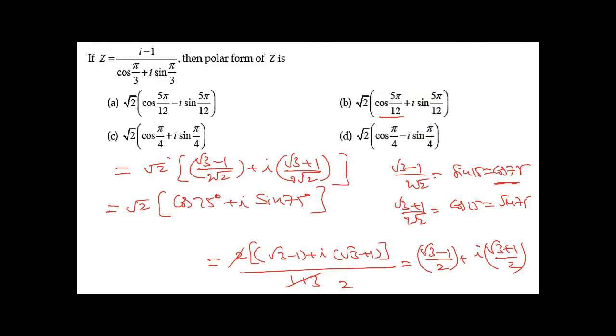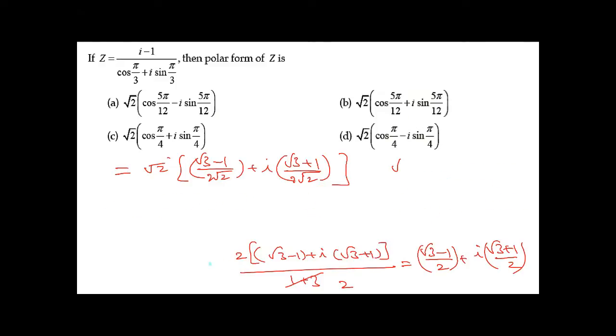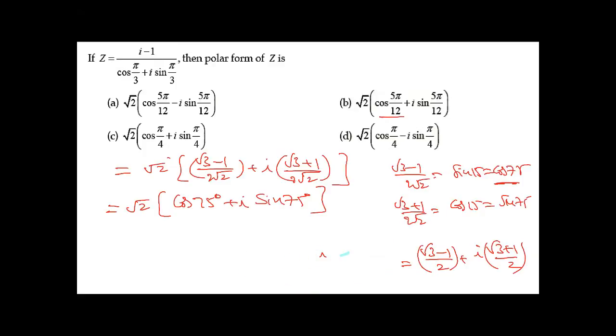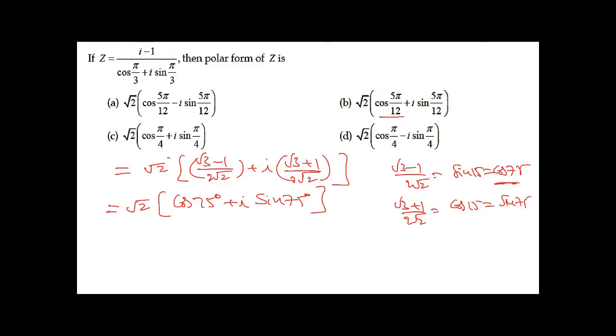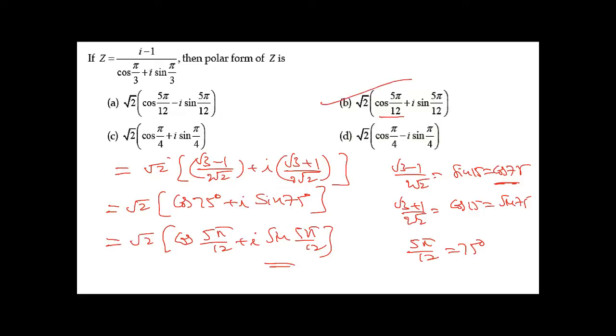So the answer is root 2 into (cos 5 pi by 12 plus i sin 5 pi by 12). Option B is the right answer.